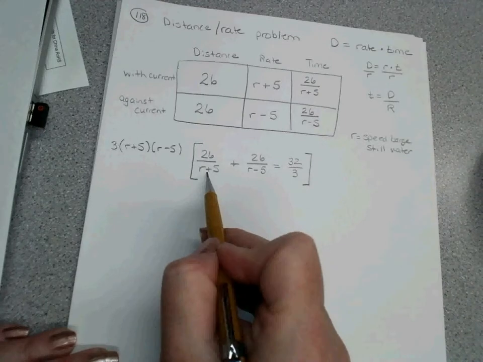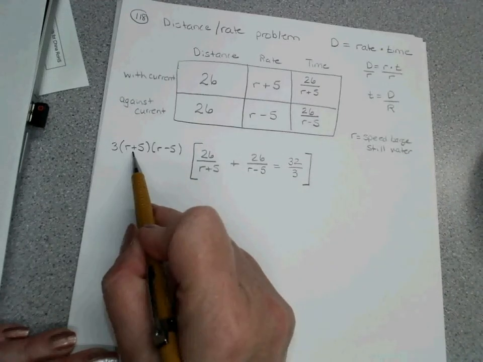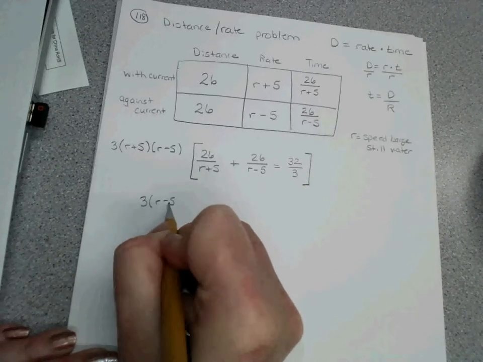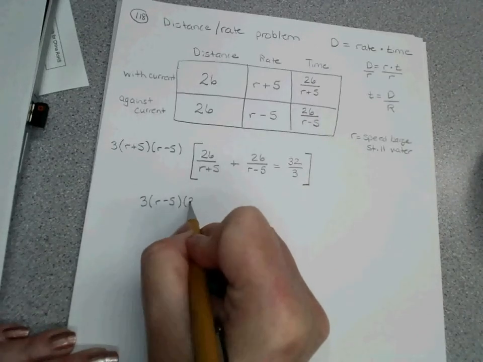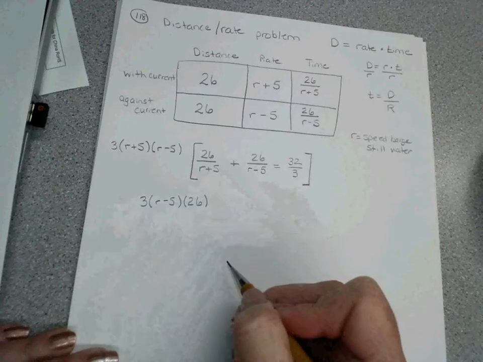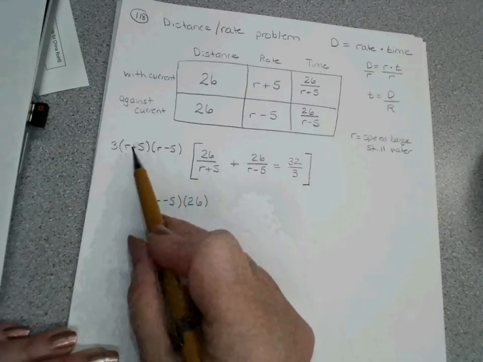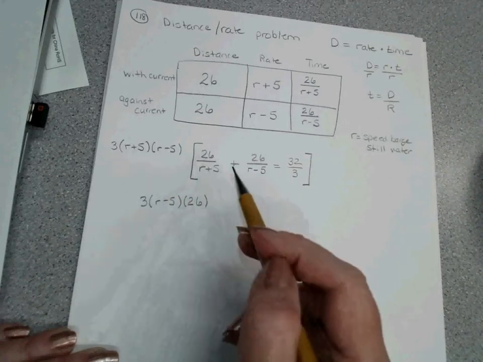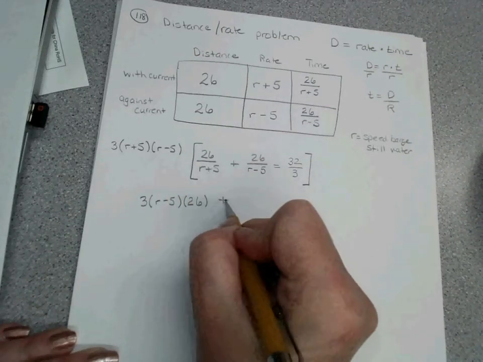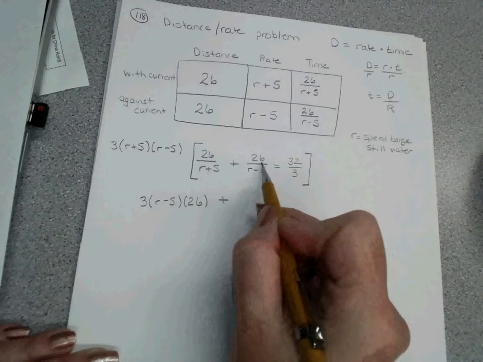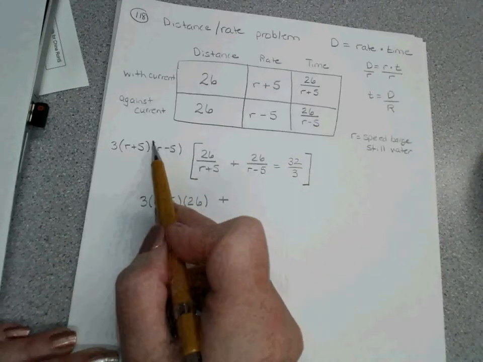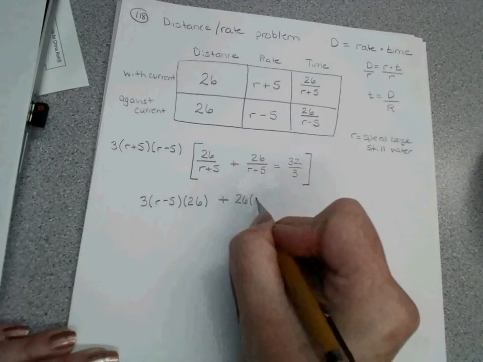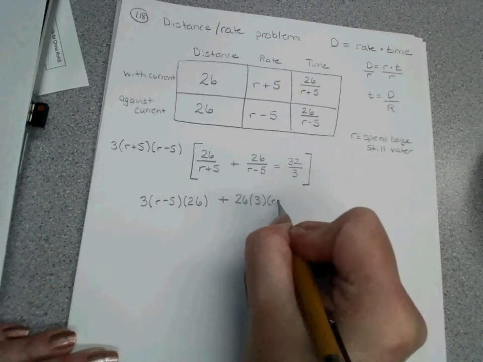So that r plus 5 cancels with that r plus 5. So I have 3 times r minus 5 times the 26 that was already there. Plus that r minus 5 cancels that r minus 5. So I have 26 times the 3 times the r plus 5.